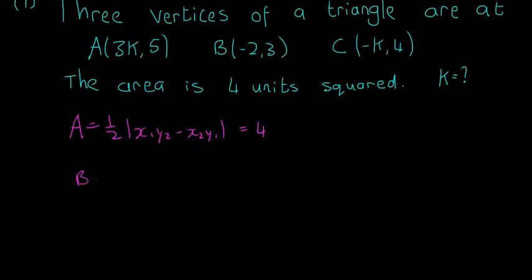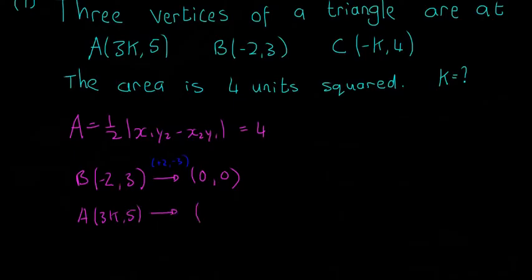So B is (-2, 3), and it's going to go to (0, 0). So that means it's going to go +2 and -3. So A then goes from (3k, 5) to 3k plus 2, because the x value is going to be +2, and then 5 minus 3, or just 2.